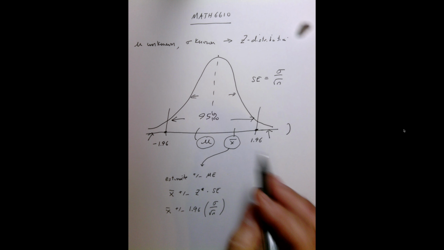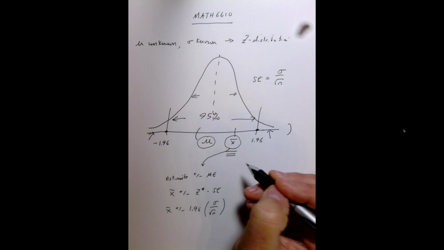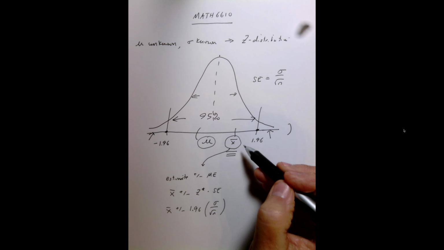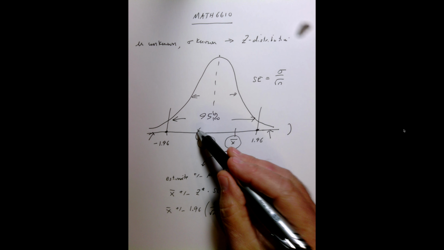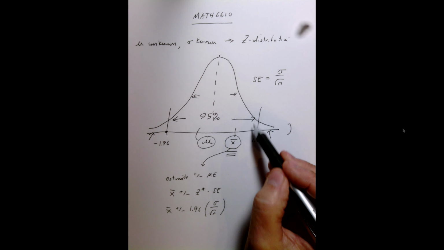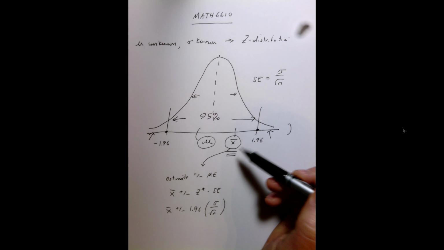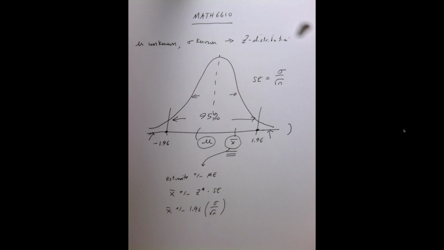So again, we select one at random, whichever one of these. There's a 0.95 probability that this interval that we build around it, based on this 95% proportion of sample means in the sampling distribution, will contain the value that we want.